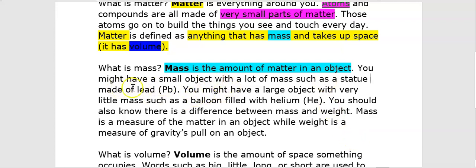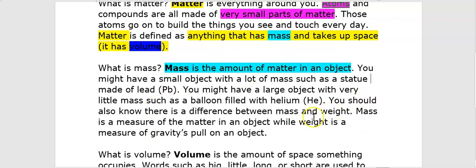So for your example, you could put lots of mass in a statue made of lead, or you could put, for little mass, a balloon filled with helium. It might be good to put both of those, and also in parentheses, not weight.